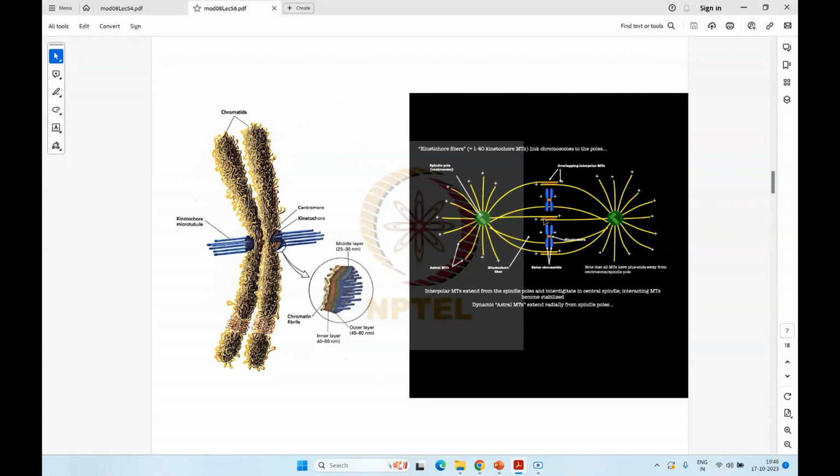The cohesins are going to dismantle. These cohesins are a complex of proteins, not single proteins. So these are going to dismantle, and then the chromatids are going to separate.